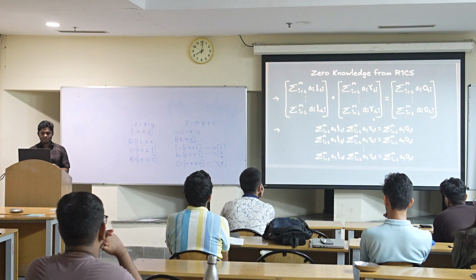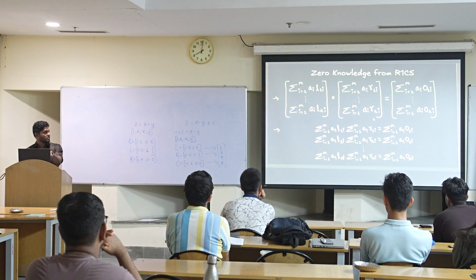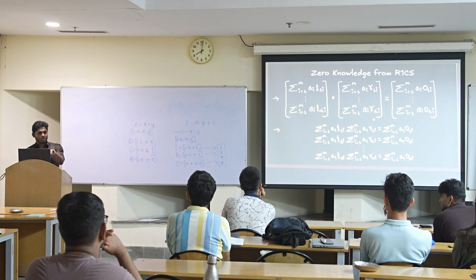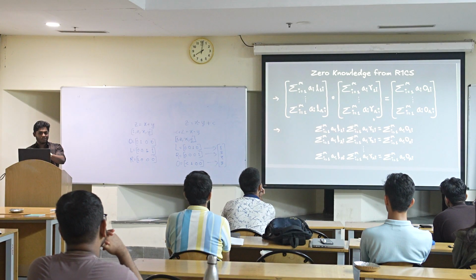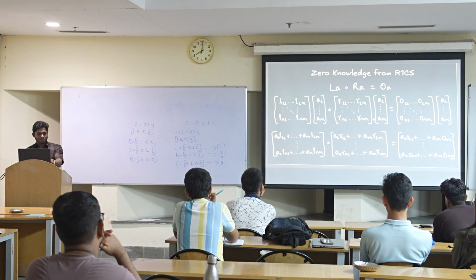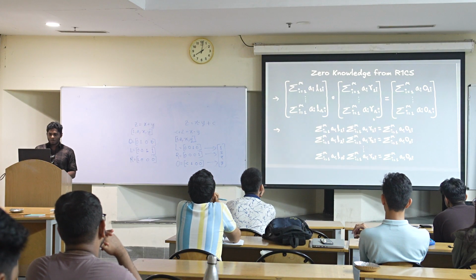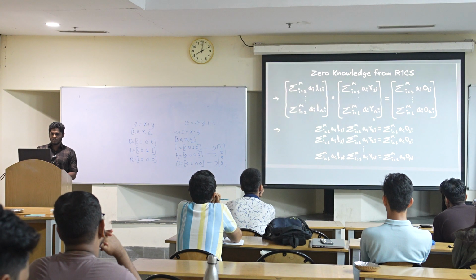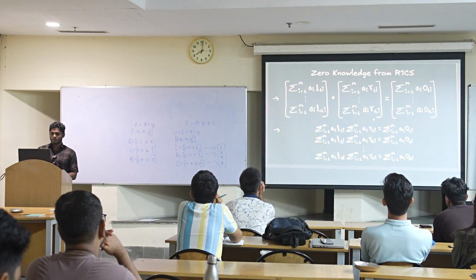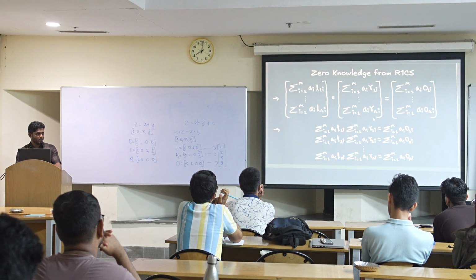Then we can write these three matrices in the form of summations. Each matrix has m columns, so we'll write the summation in this way. We can pick and choose each row from the matrix and equate them directly.